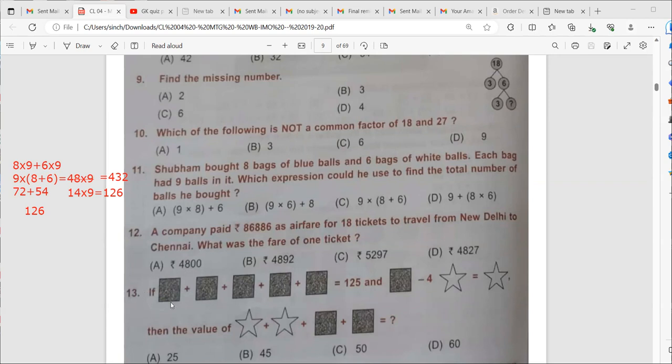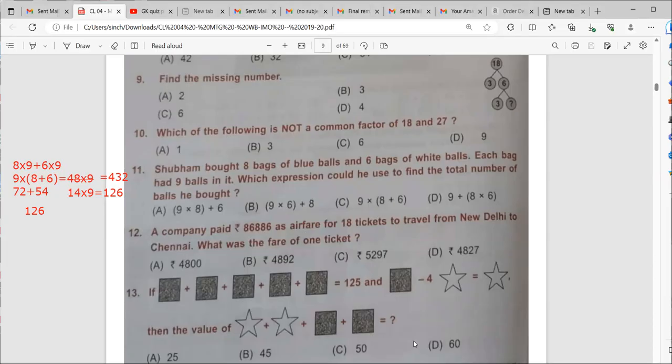Okay, see, Shaptagru, here what we need to do. Here we can see 5 squares is equal to 125. So 1 square is equal to how much? Shaptagru, what will you do? Ma'am, 125 divided by 5 equals 25.